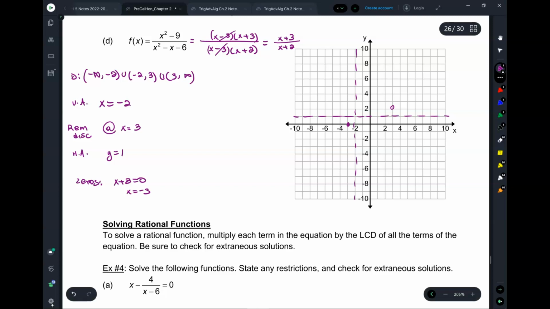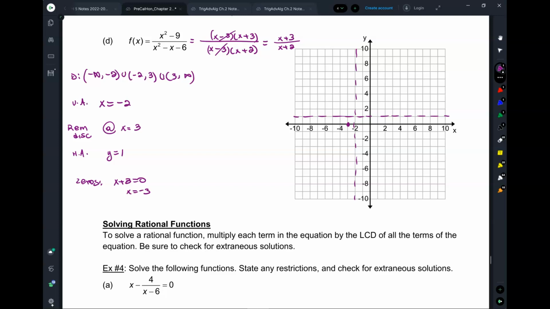But how do we know if it's here or here? Like there's basically a hole in the graph, but how do we know where it is, right? For that, you have to plug in a point, but it's very tricky because you have to do it mentally. You cannot show any evidence that you plugged in a 3, because technically 3 is a point where the function is undefined.